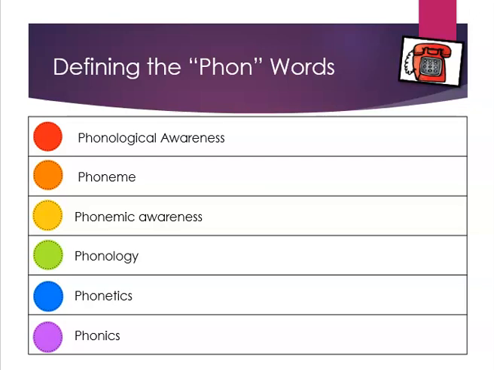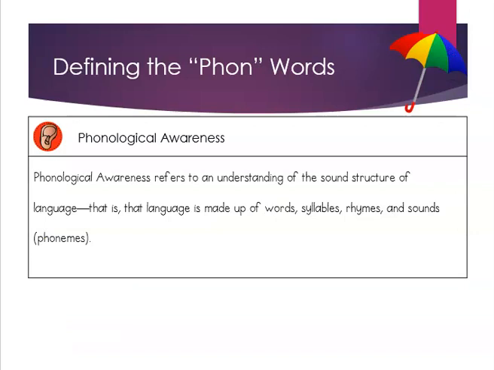So we're going to be talking about phonological awareness, phoneme, phonemic awareness, phonology, phonetics, and phonics. Phonological awareness refers to the understanding of the sound structure of language. So our language is made up of words and syllables and rhymes and sounds. A lot of times you can imagine this as the umbrella, covering all aspects of the sound structure of our language.